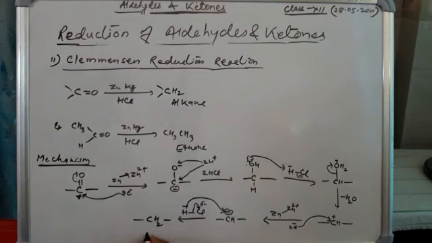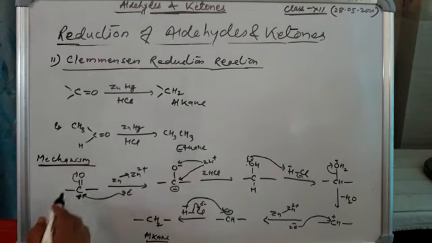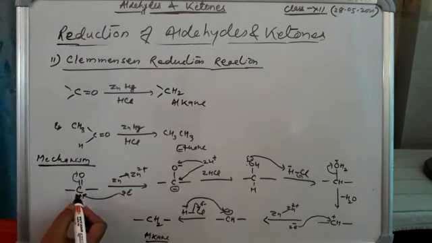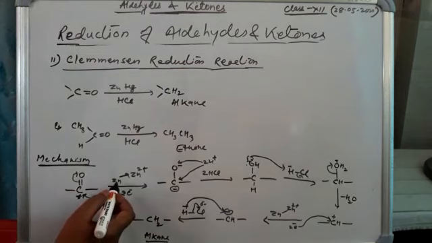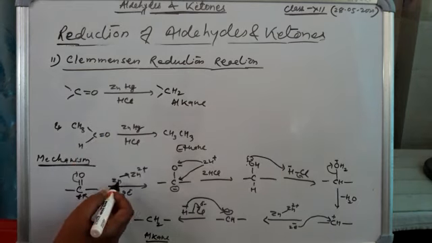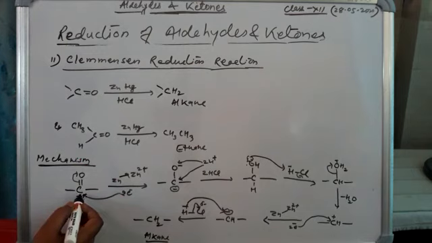So it is a very easy method, try to understand. At first, the carbonyl group, either aldehyde or ketone. See here, the pi electron shifts towards the more electronegative oxygen, so a positive charge is created on the carbon. This reaction proceeds in the presence of zinc amalgam, and the work of zinc is to lose 2 electrons, which go towards the carbon.